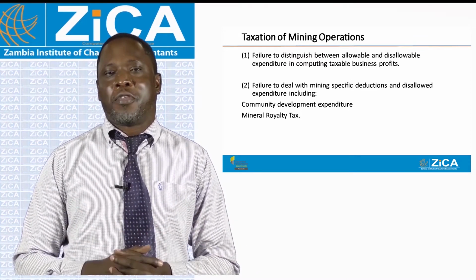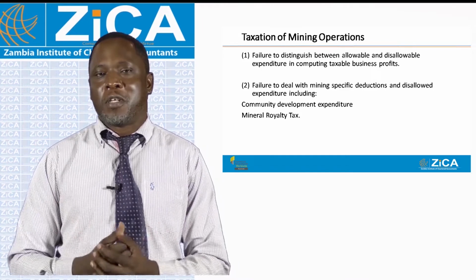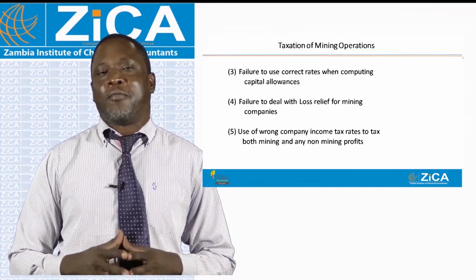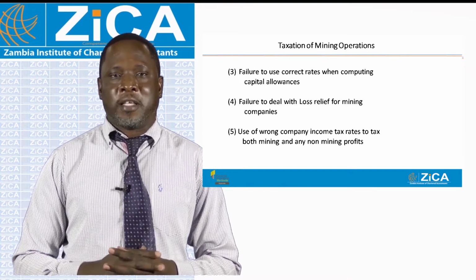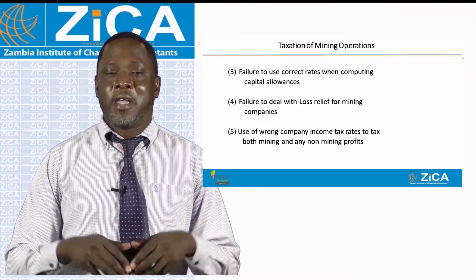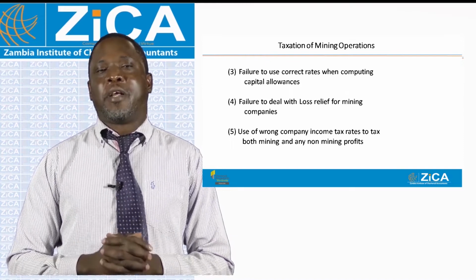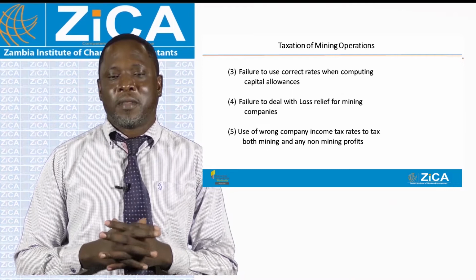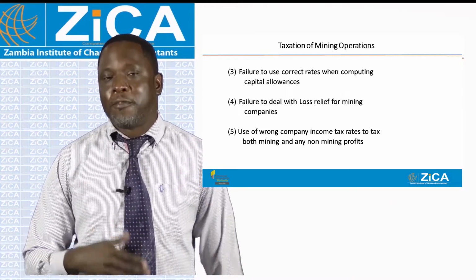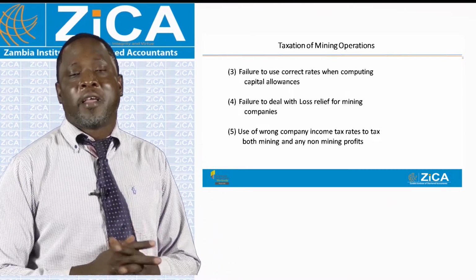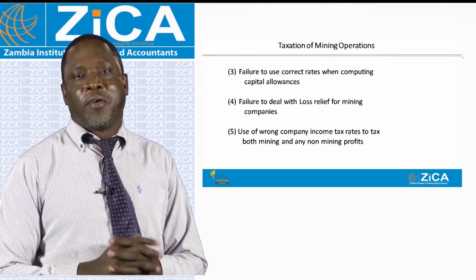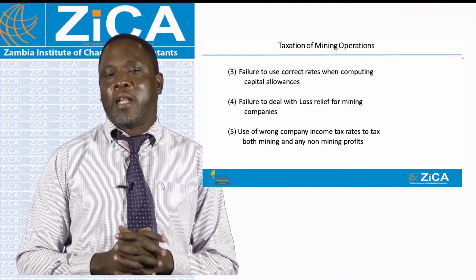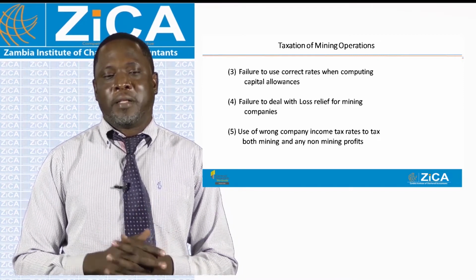They fail to deal with mineral royalty tax, failing to compute it. They fail to use the correct rates when computing capital allowances on implements, plant and machinery used directly in mining operations. Another challenge is failure to deal with loss relief for mining companies, and finally, using the wrong rates when computing the amount of company income tax payable by a mining company.